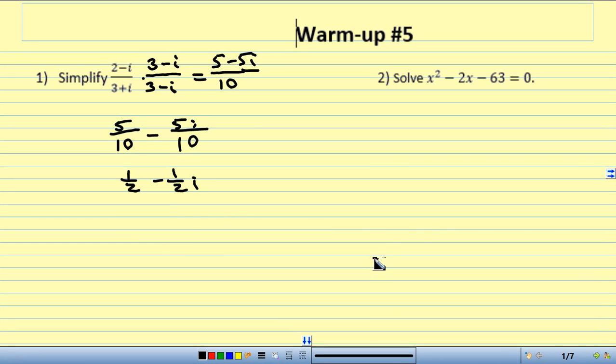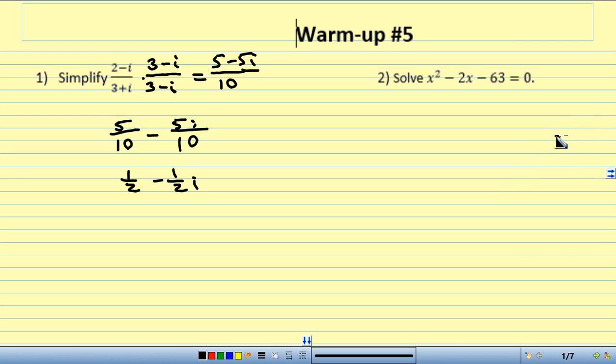And there you go. Now you have to solve x squared minus 2x minus 63 equals 0. We could use the magic x, but since our last section was complex numbers, I'm going to assume it's not factorable.